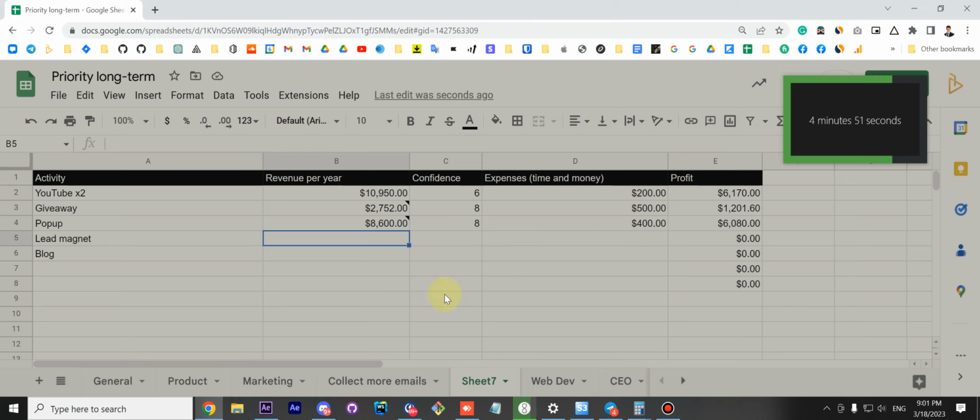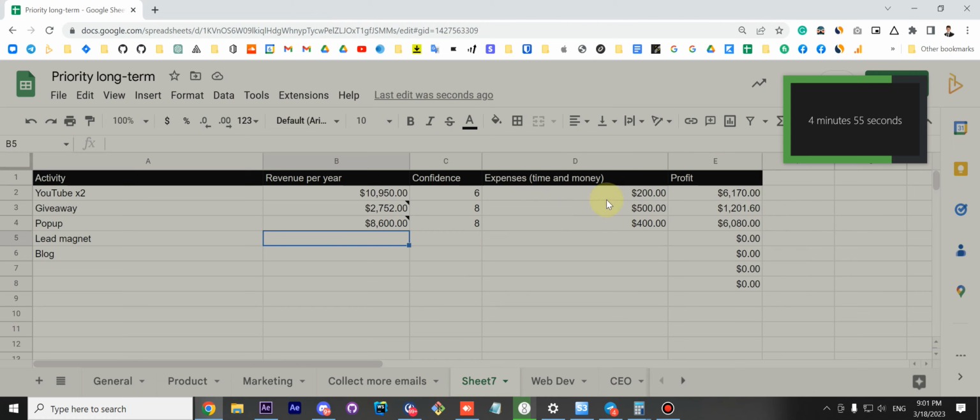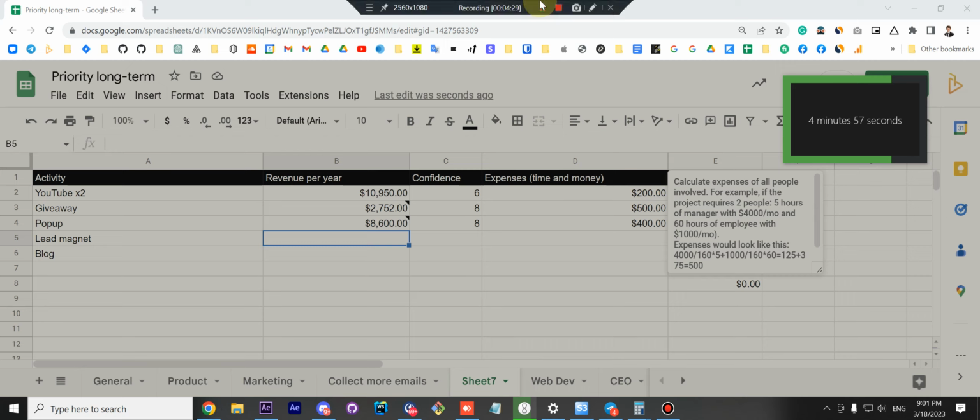And expenses. Usually I calculate expenses in dollars, so it's easier. So let's say maybe you have an assistant and you pay him, I don't know, $100 or $200 per video, or it's your time. So just calculate what your time is worth, how much time you spent on a video.